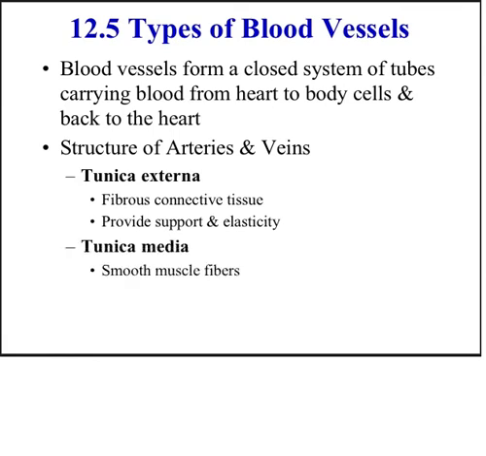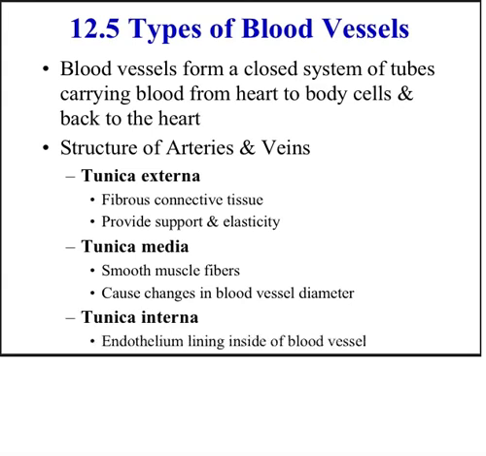The tunica media is made up primarily of smooth muscle fibers that can cause a change in blood vessel diameter and, as a result, blood pressure. And the tunica interna is an endothelial lining of the blood vessel that has the ability to repel the formed elements so that they don't snag and rupture and leak.